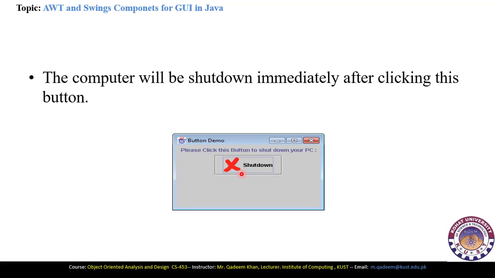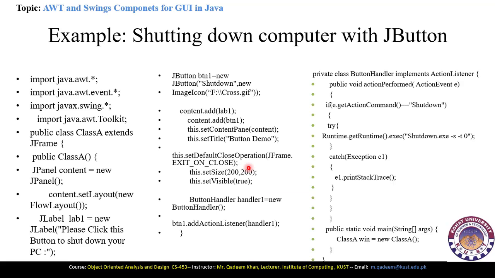So when you click on this shutdown button, then the computer will be shut down. And also we have a label here which helps the users about this button. So over the label it is mentioned: please click this button to shut down your PC. And when you click this button, then the computer will be shut down.